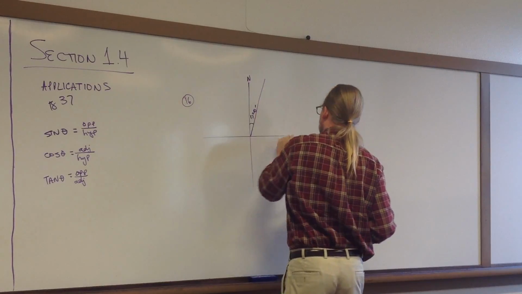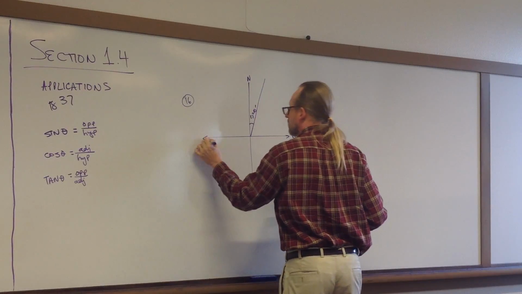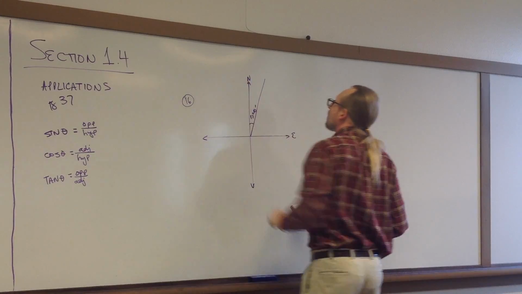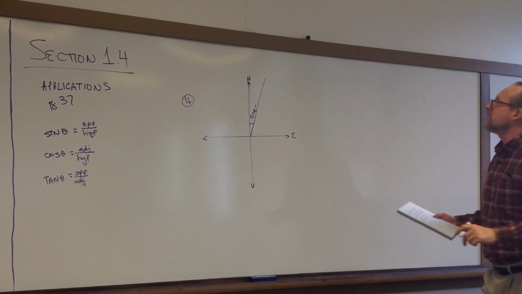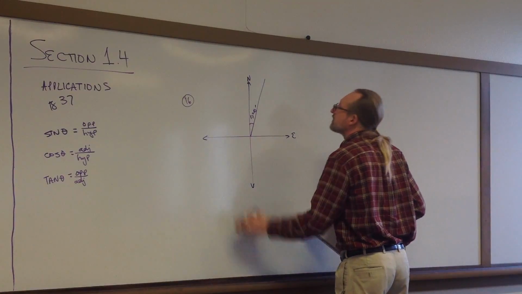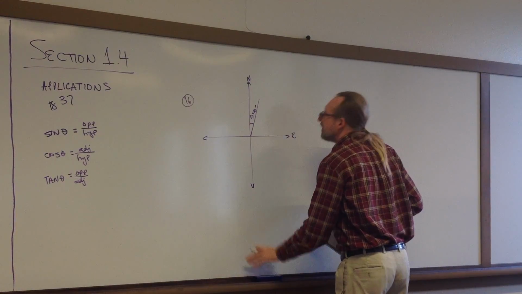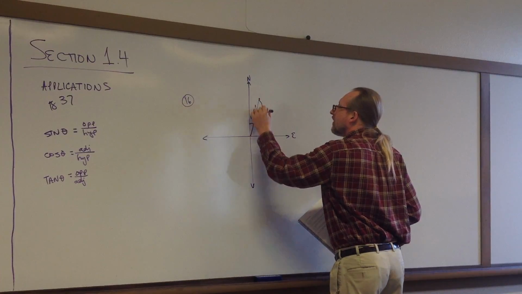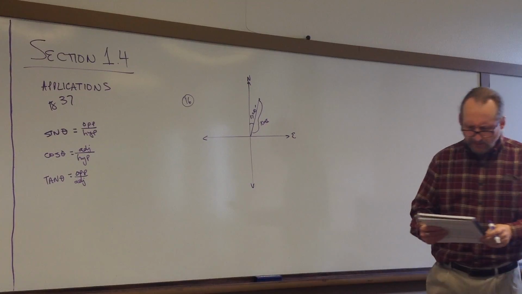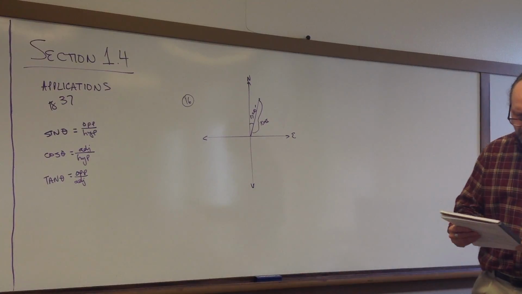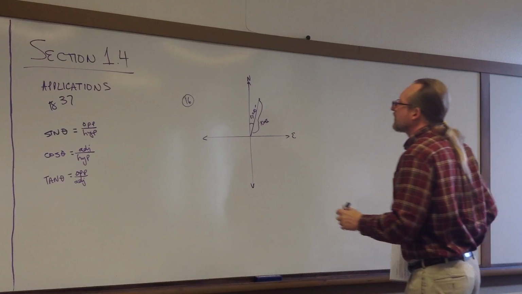So there's north, there's east, and there's 17 degrees 10 minutes east of north. Let's erase some of this right here. Call that 10 miles. How far north and how far east is the boat from its starting point?